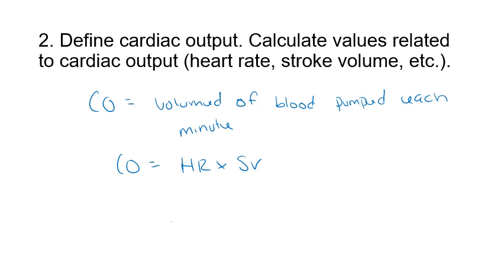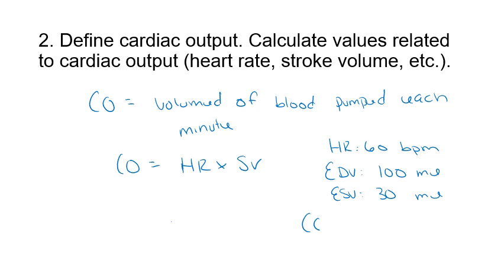So a totally fair question on the practical would be: you have a patient with a heart rate of 60 beats per minute. They have an end diastolic volume of 100 and an end systolic volume of 30, and those would be mils. And the question asks you to calculate cardiac output.